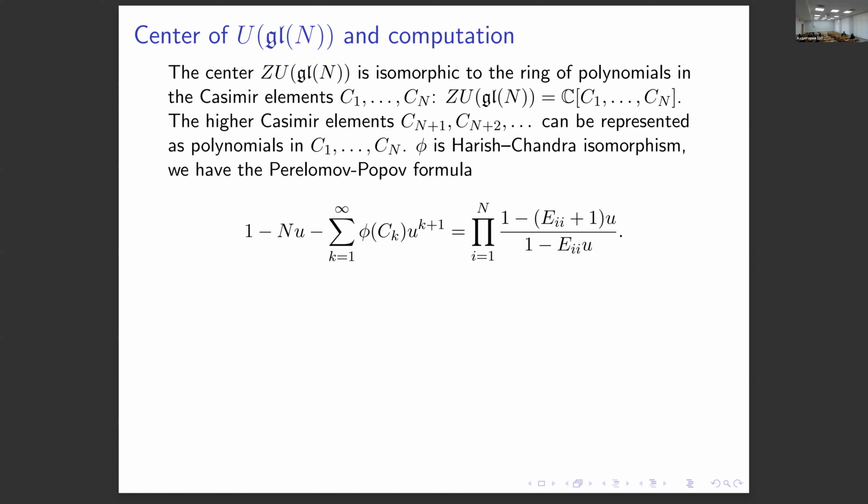Here h is the diagonal matrices and n_plus the upper triangular matrices. The tensor product should be used.